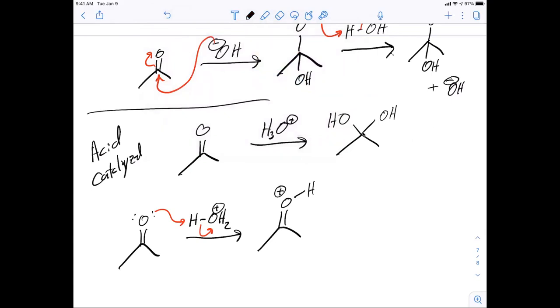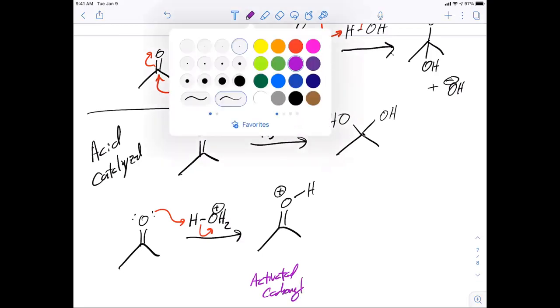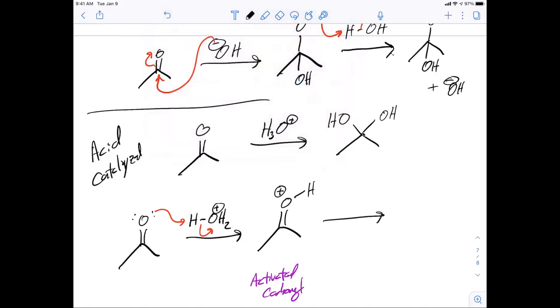Now we have an activated carbonyl, right? So then the water can come in.